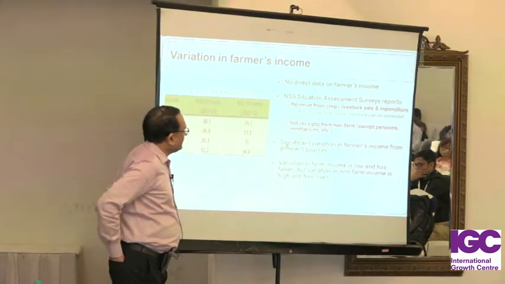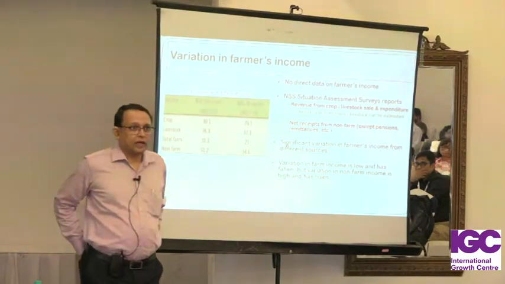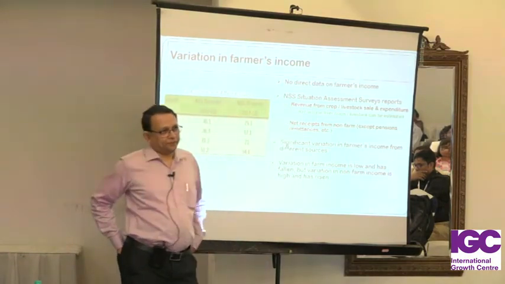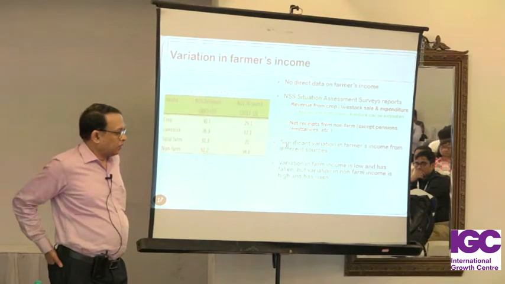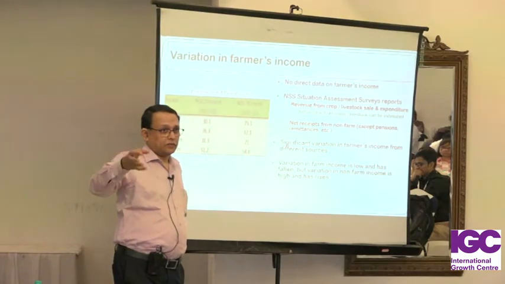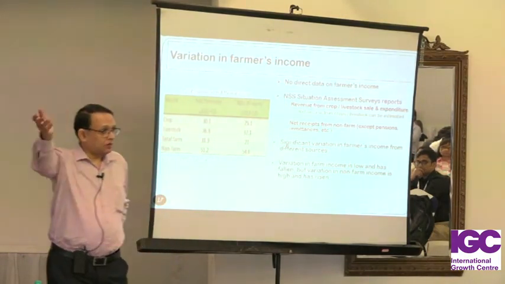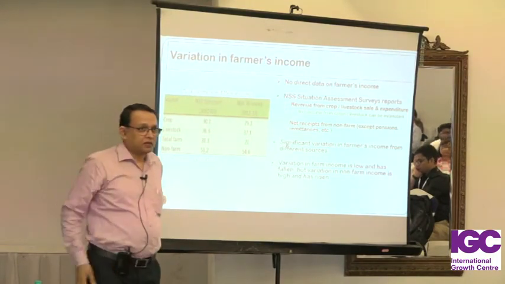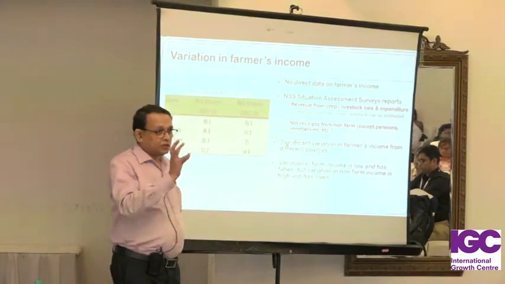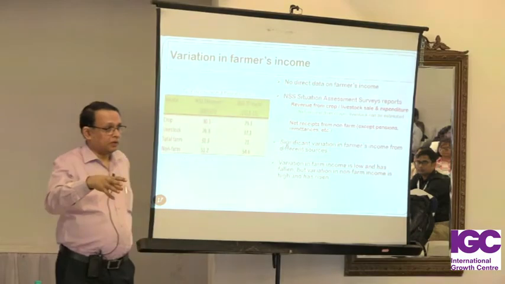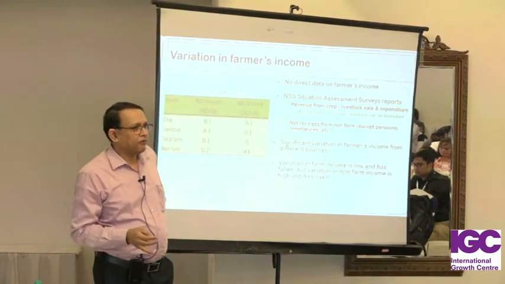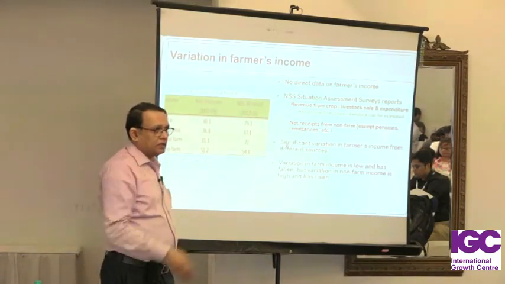Plus the NSS rounds also have information on the net receipts from non-farm activities. So if a farm household also has, say, a petty shop, whatever income the household is getting from that petty shop is collected. The expenditure that the household incurs on running the shop, they have that information on that non-farm business. It could be a shop, it could be, say, a flour mill in the village.